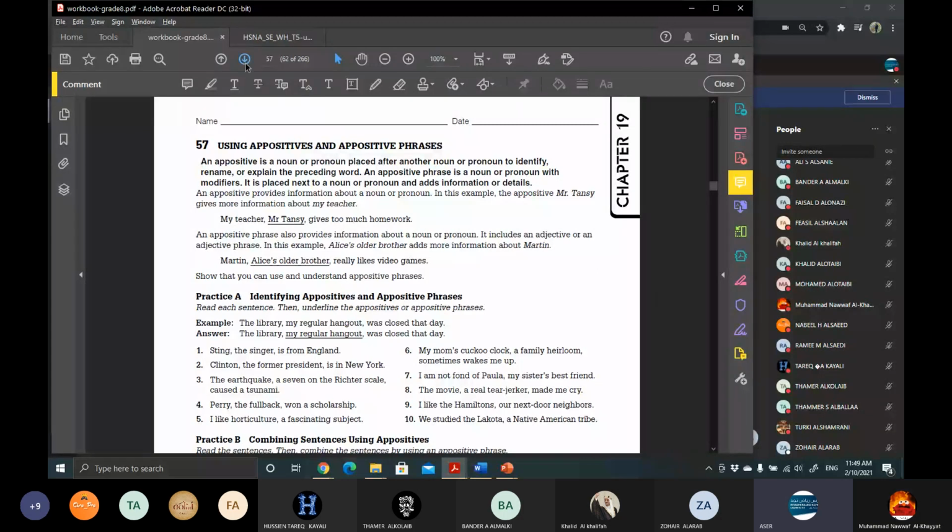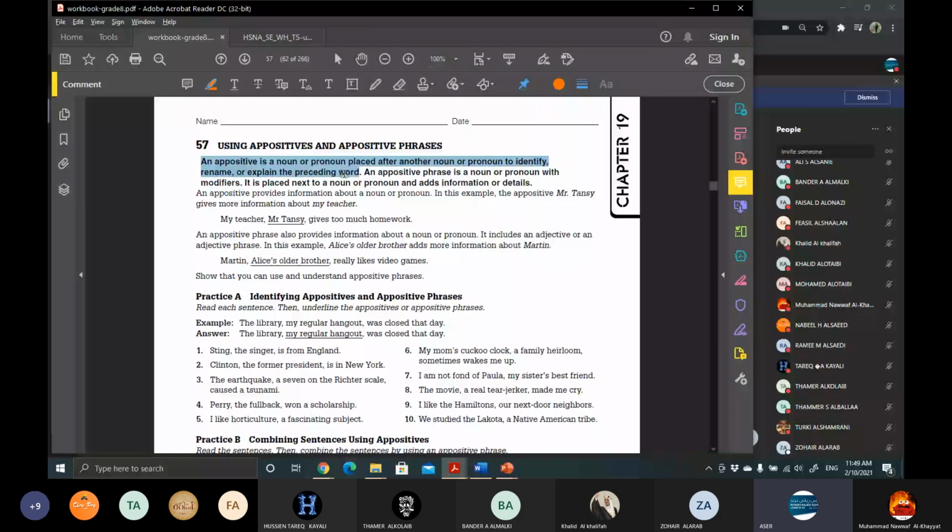Okay, so simply guys, an apostrophe or an apostrophe phrase is a noun, a pronoun, or even a total clause that is put in the sentence directly after another noun. And we use this noun or clause or phrase to identify, rename, or explain the preceding one.